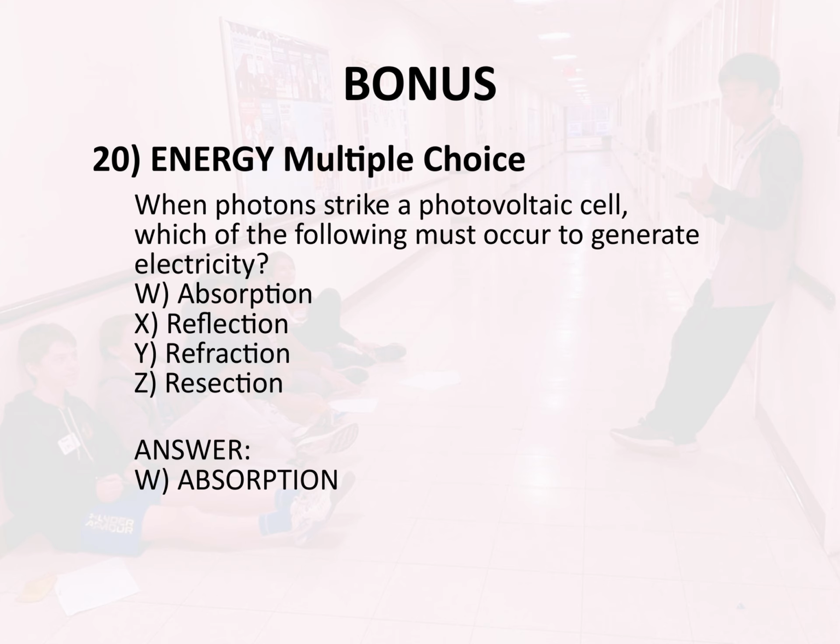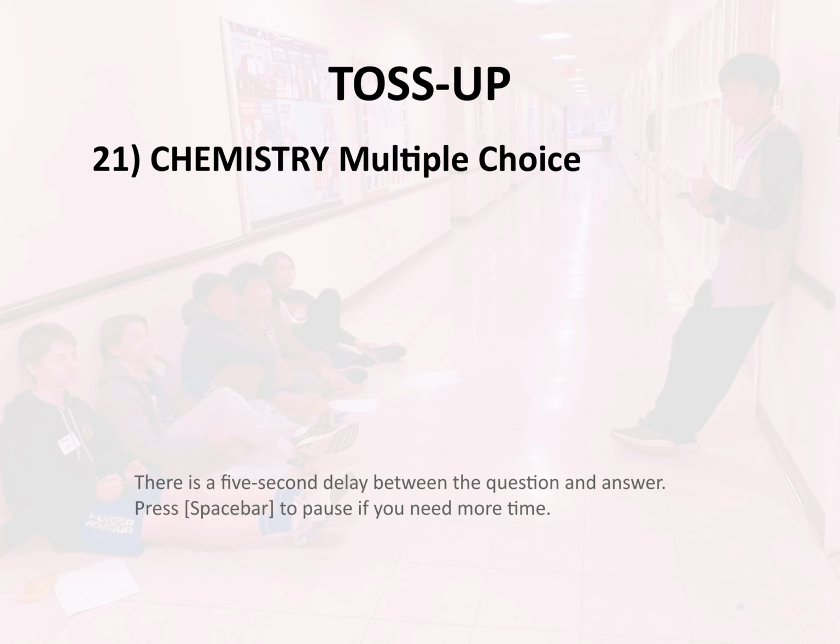Toss-up 21. Chemistry. Multiple choice. With regard to crystalline solids, which of the following most aptly describes a covalent network? W. Low melting point, soft, excellent thermal conductor. X. Low to high melting point, hard, moderate electrical conductor.